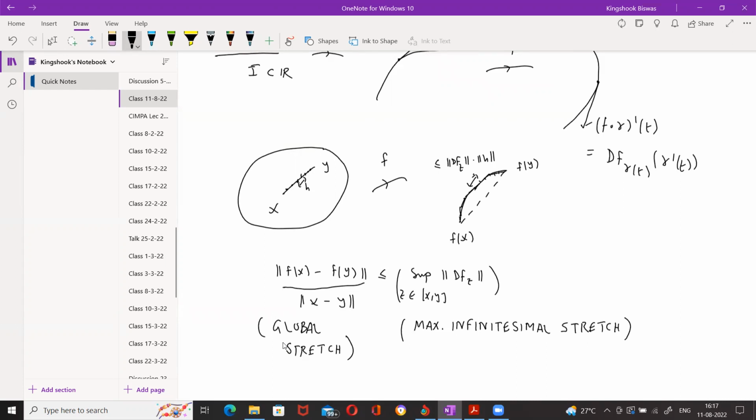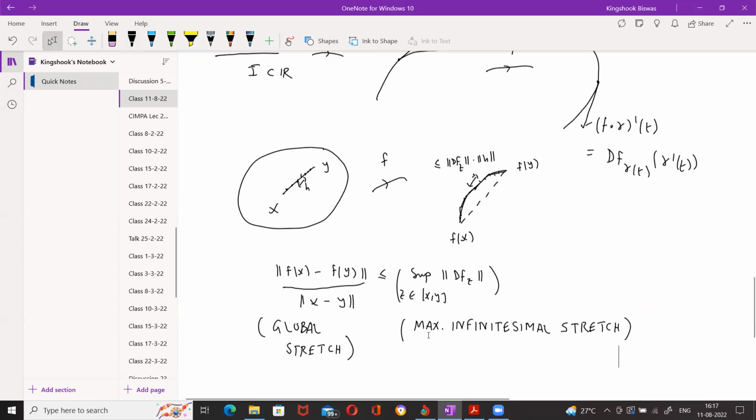Okay, makes sense. So this is the mean value theorem. It should be intuitively clear, right? If infinitesimally you can only stretch things by a factor of 2, then globally you should only be able to stretch by a factor of 2, right? So that's the mean value theorem.